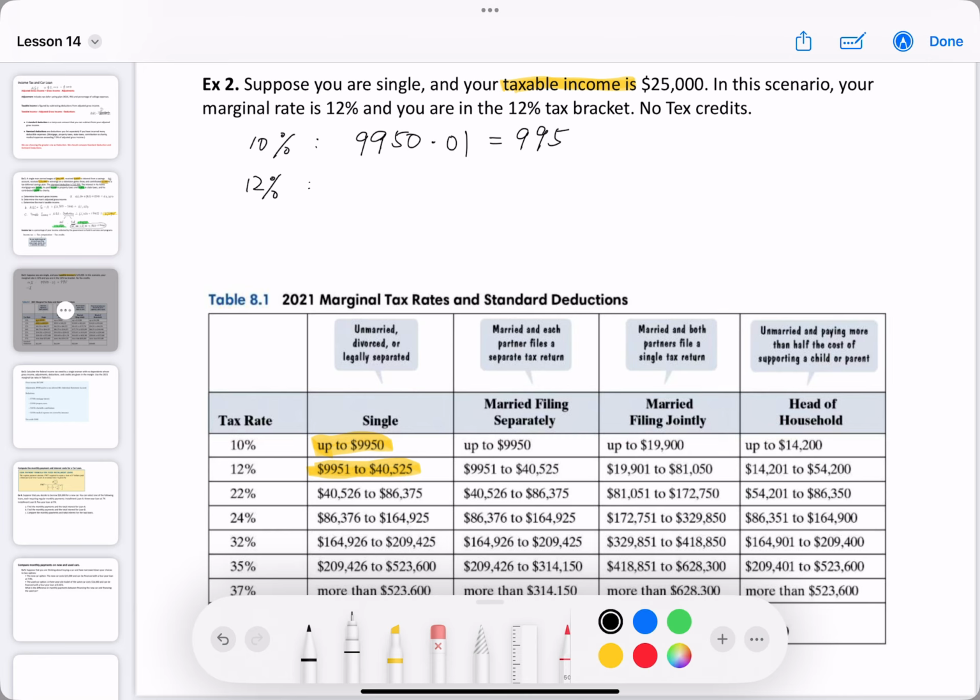The rest of the money you're paying 12%. And I'm using 25,000 minus 9,950, because your first 9,950 already paid 10% tax. For the rest of the money, I'm using 25,000 minus 9,950, then multiply by 12%, which is 0.12.